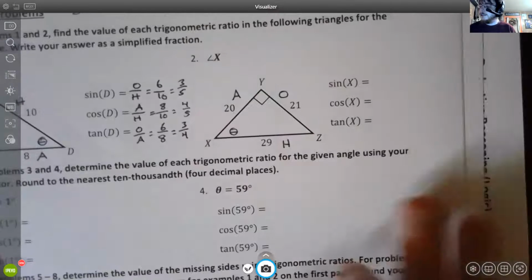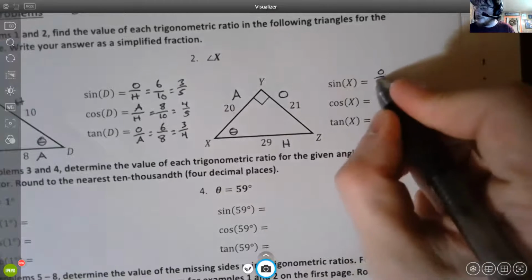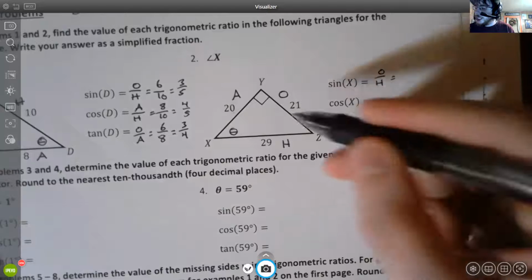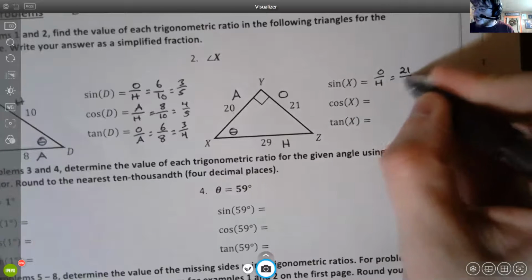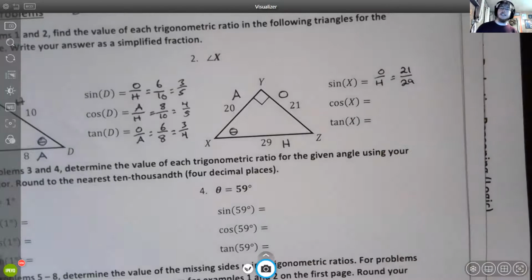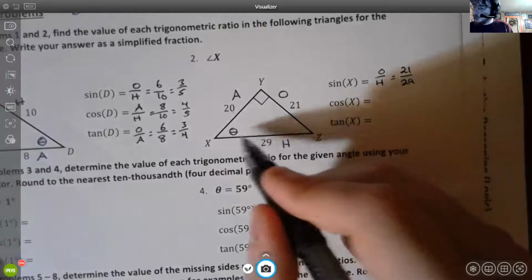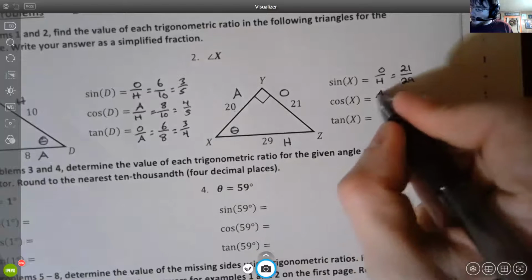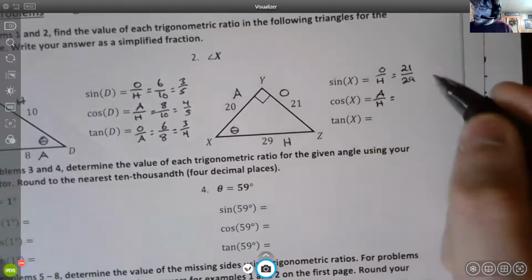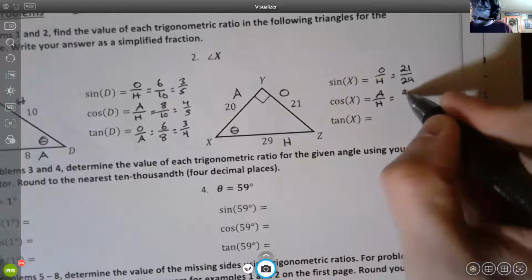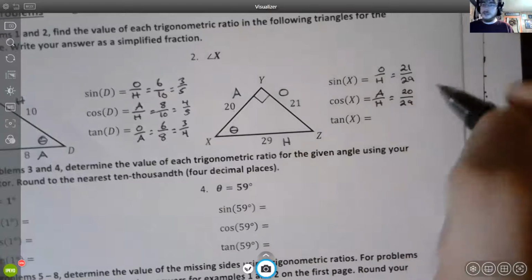So sine is defined as opposite over hypotenuse. So in this case, it's 21 over 29. And if you were to plug that into Desmos, you'll see that 21 over 29 is already in its simplest form. So we just leave it as is. Next is cosine of X. We have adjacent over hypotenuse. Our adjacent side is 20 over our hypotenuse of 29.